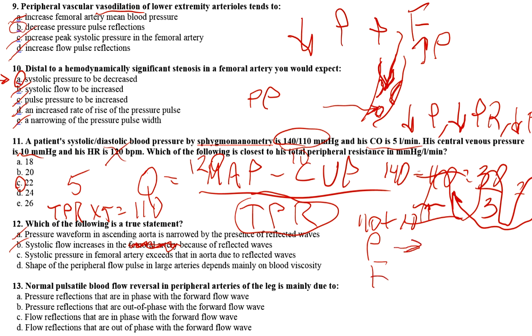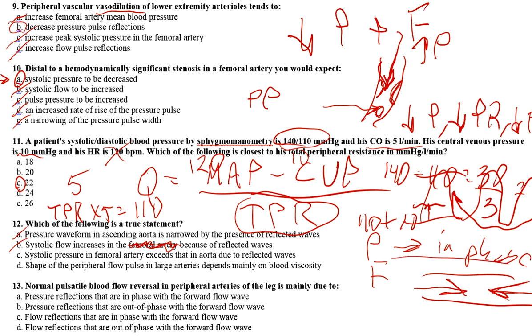The pressure waves are in phase, so if you think about a tube and you have pressure going this way and pressure going this way, and they collide, they're going to add. Whereas if you have flow going this way and flow going this way, they're going to subtract. So pressure waves are in phase, flow waves are out of phase. So C would be correct.